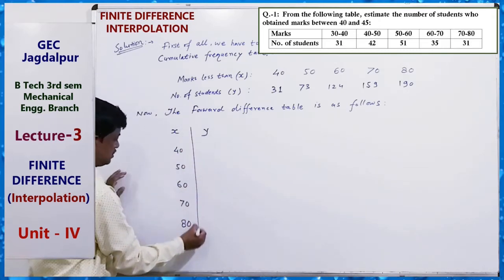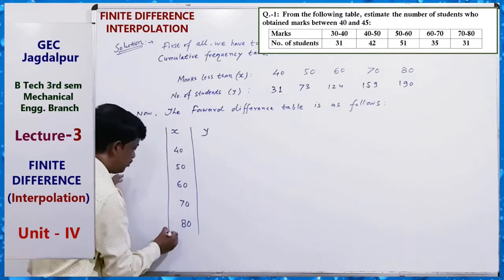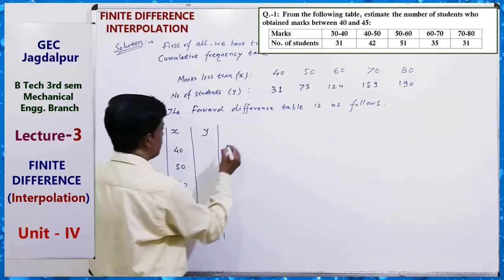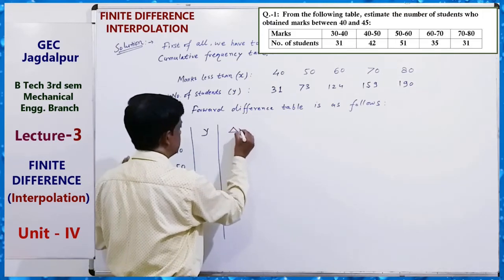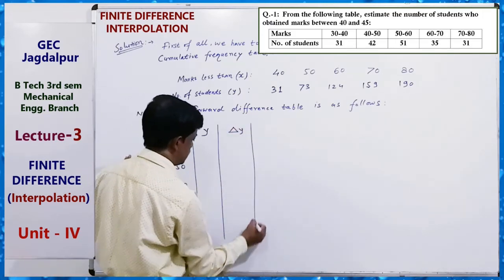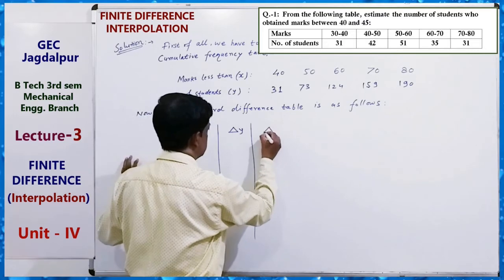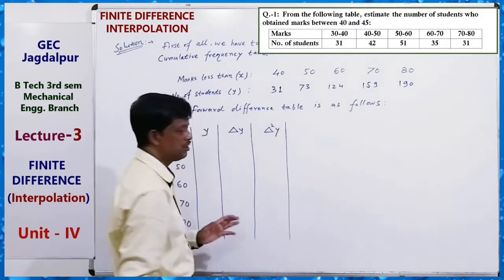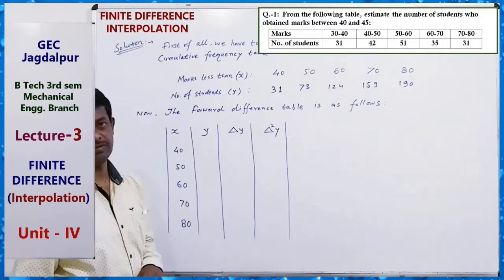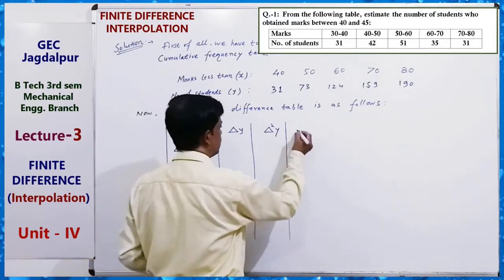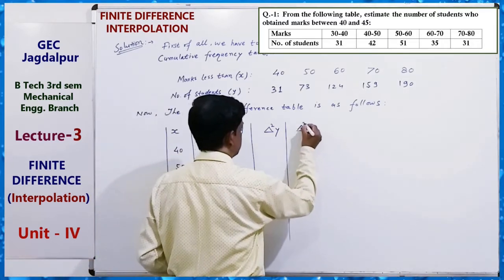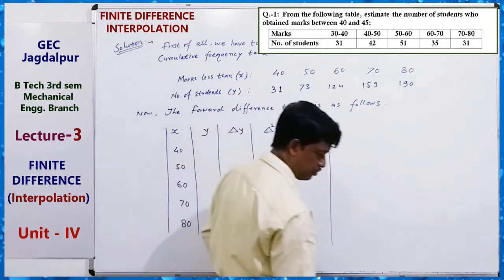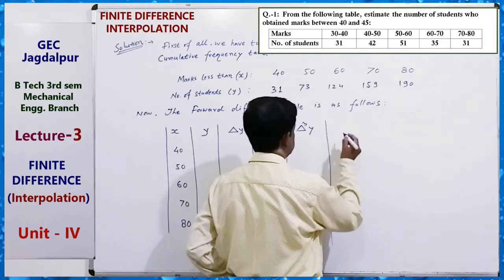You have to prepare the table very clearly. So first difference, second difference. We require the forward difference, so just write the forward operator on y, up to the fourth difference.